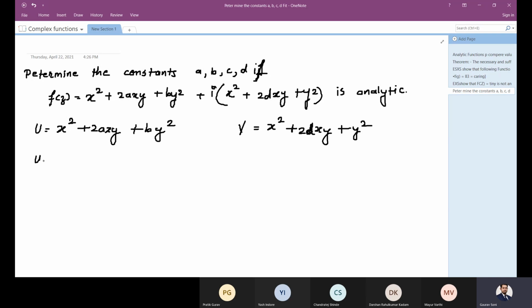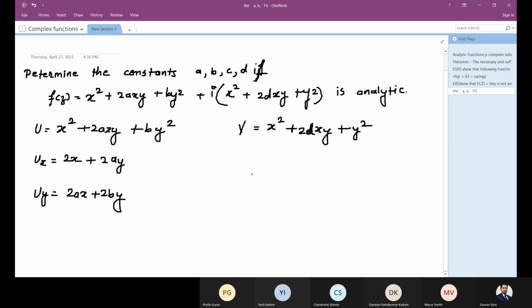So ux is equal to 2x plus 2ay. What is uy? Uy is 2ax plus 2by.